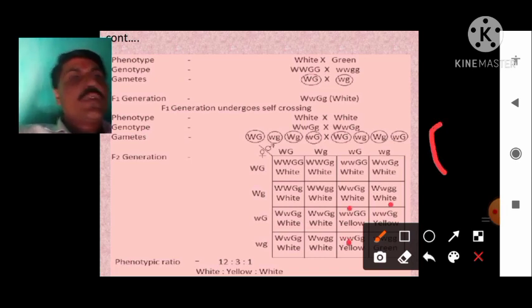Look at this yellow plant. Phenotypically it looks yellow, but genotypically, the genotype of this yellow one and this white one are the same in some respects. Look at this: both capital G are present, both smaller w are present.